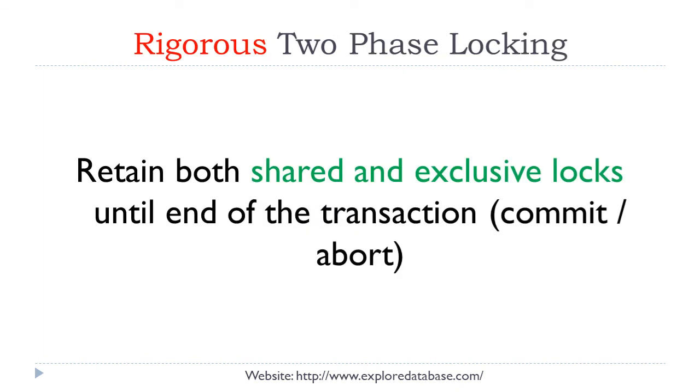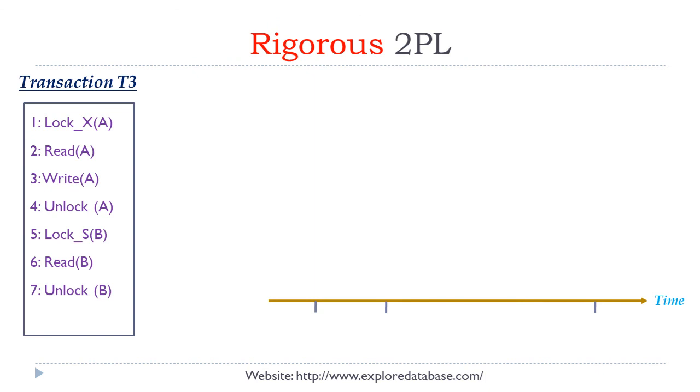To overcome that problem, we have rigorous two-phase locking, which is stricter than strict 2PL. In rigorous two-phase locking, we are going to retain both the shared and exclusive locks until the end of the transaction. That is, we retain them until we commit or abort. Let us discuss rigorous 2PL with an example transaction T3, where it involves both an exclusive lock and a shared lock. So as usual, during the growing phase, we are requesting locks.